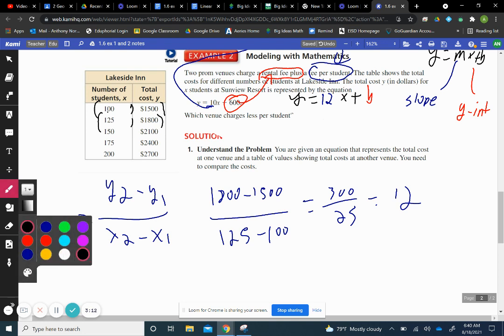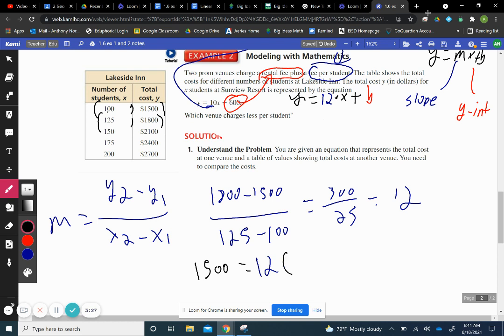So if I'm going to do this, let's go 1500 equals 12. Remember, the operation between the 12 and the x is multiplication. So times 100 plus b that we're looking for.